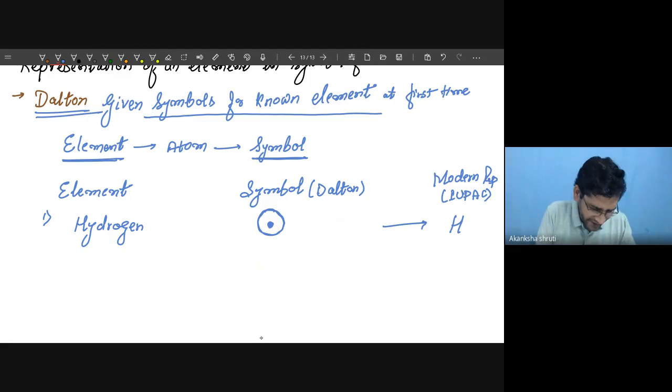Second, if we take carbon, I am just taking a few.